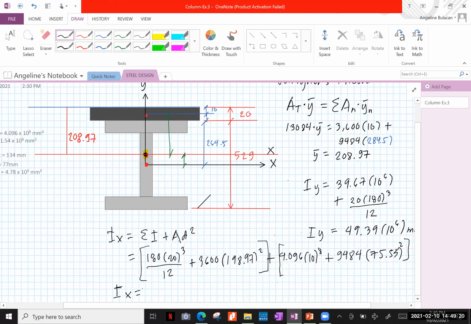Now, we can now get your Ix. Please compute, para ma-check, baka mamali ako. So, 180 times 20 cube over 12 plus 3600 times 198.97 squared. Next.